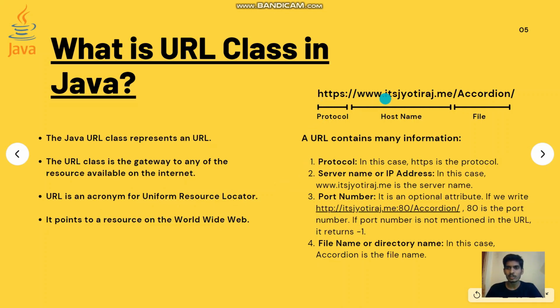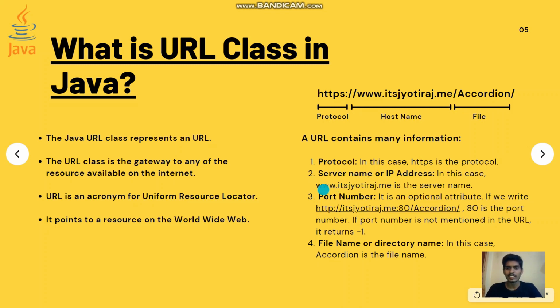This is a URL to the website, and it contains three main parts. First, the HTTPS. This is the protocol used, and www.itsjyotiraj.me is the host name, and the accordion is the file name. A URL contains main information. First, the protocol. In this case, it is the HTTPS protocol. Server name or the IP address.